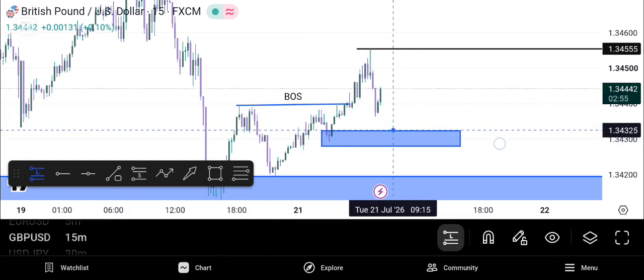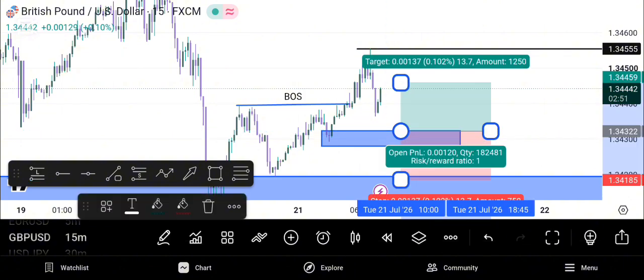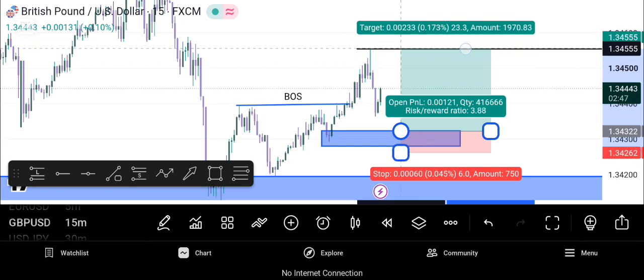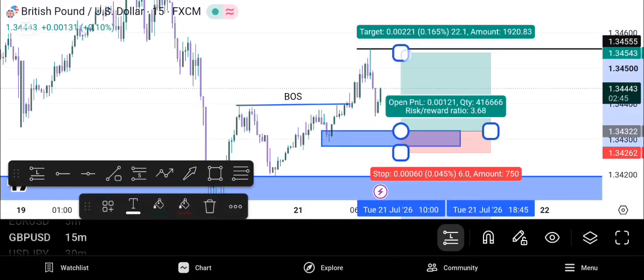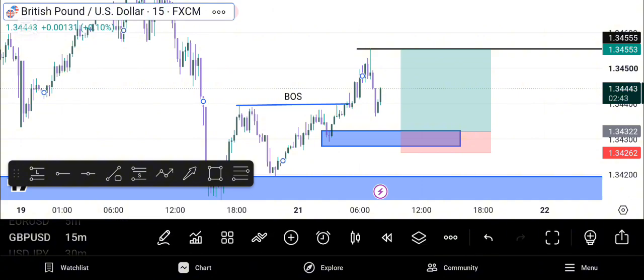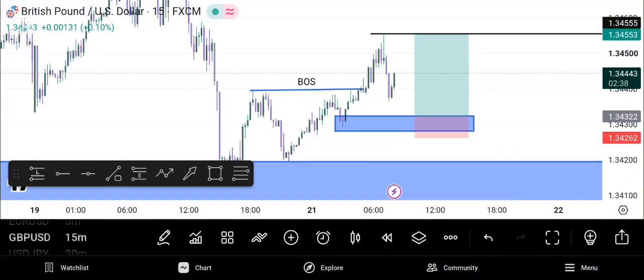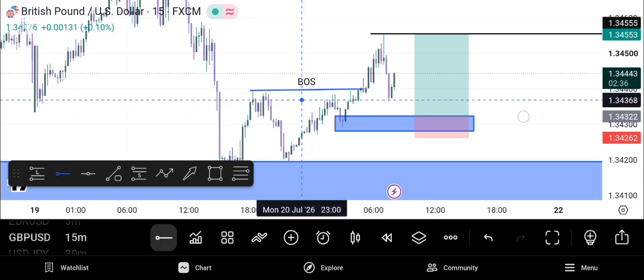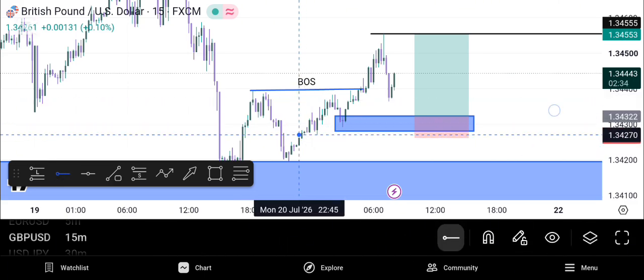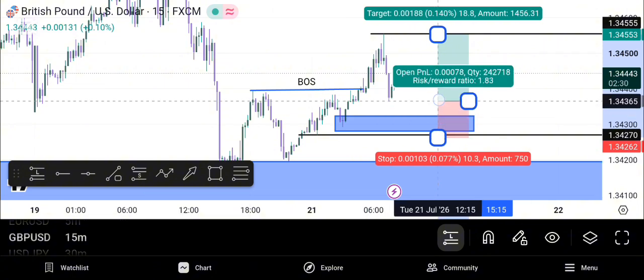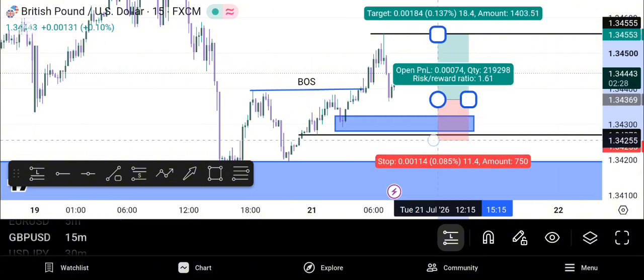But should price really break and continue going up, I don't have a problem, because it gives me a 1:3.8 risk to reward ratio. I put my stop right below this. There's a low here, there's a weak low here, so I put my stop right below it to give my stop some kind of breathing space, right?